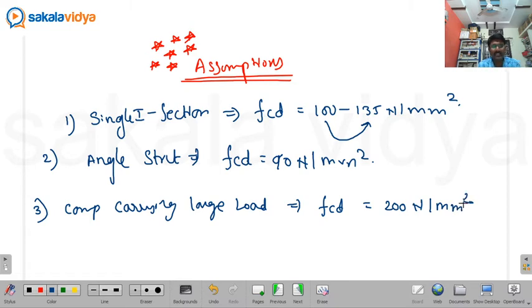So for a single I section, we can assume between 100 and 135. For an angle strut, it is 90 Newton per mm square. For compression members carrying larger loads, the value of FCD is 200 Newton per mm square. These assumptions are very important in solving our model number 2.